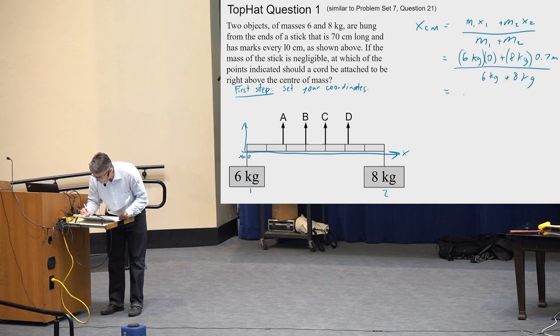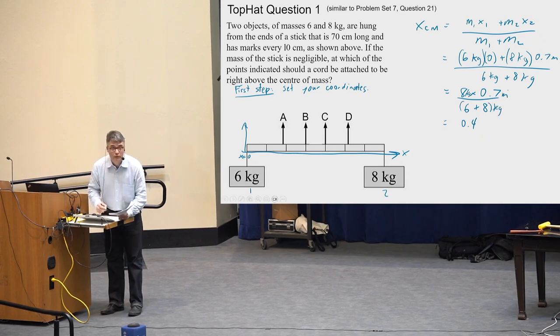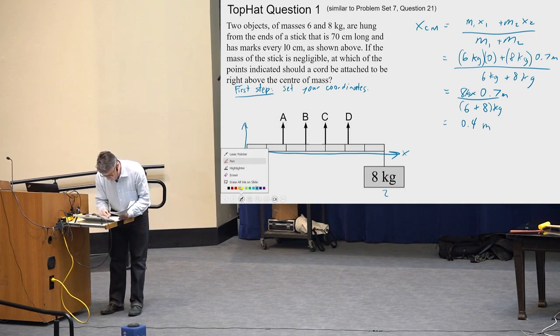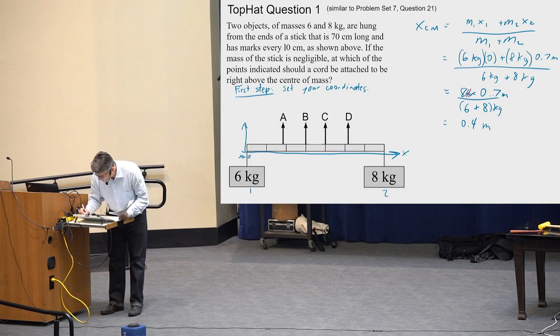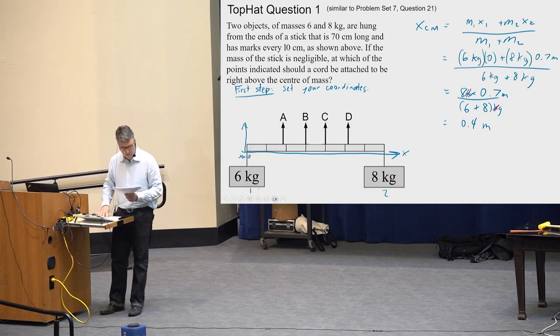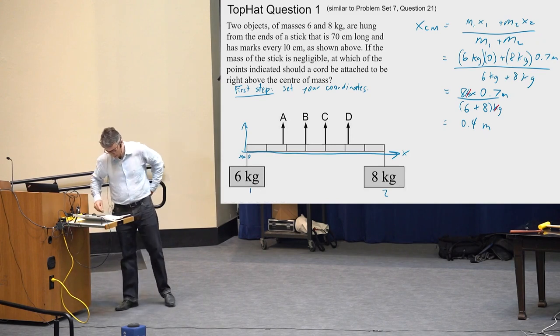So what you get is 8 times 0.7 divided by 6 plus 8. And I get 0.4. And the units, I think all the kilograms cancel. So the units is whatever units you had for the distance. This is meters. Is everybody good with that? Kilograms cancels kilograms, and you get just meters. So that's how that equation works. It's kind of surprisingly simple.